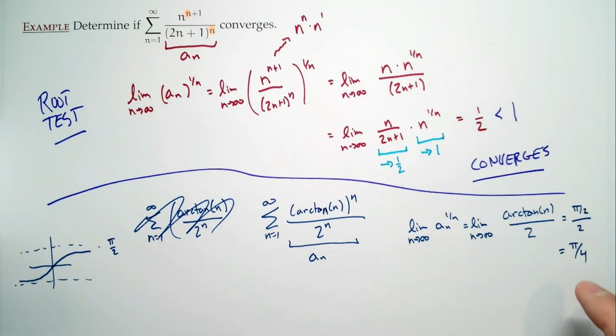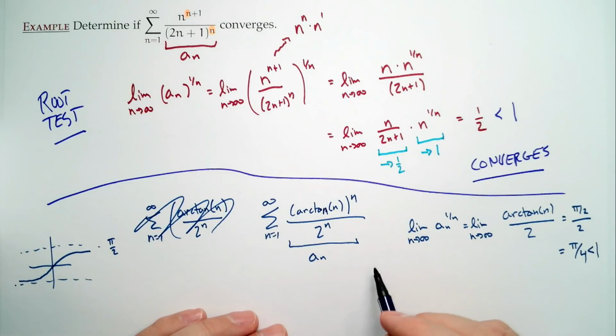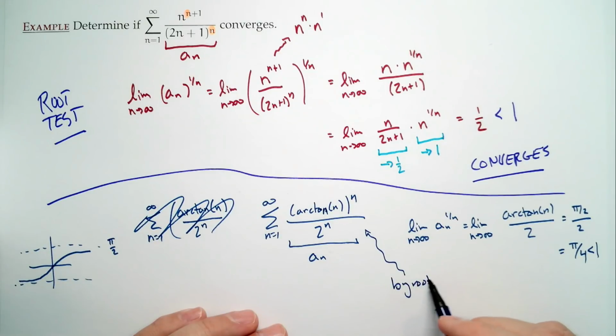Well, pi, it's 3.14, right? Remember the old chant? Cosine, secant, tangent, sine, 3.14159, right? So about 3.14. So if I divide it by 4, that's smaller than 1. And therefore, we can conclude by the root test that this sum converges.